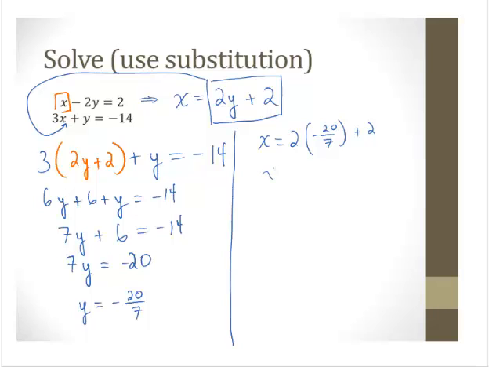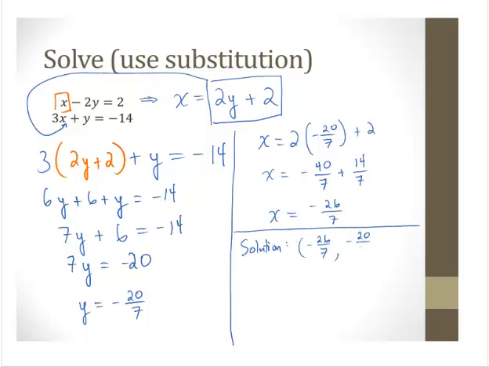So x would equal negative 40/7, and adding 2, but thinking ahead, I'm going to add 2 in the form of 14/7. 2 is 2 over 1, multiplying by 7 is 14/7, so x is equal to negative 26/7. So my solution then is negative 26/7, comma, negative 20/7.